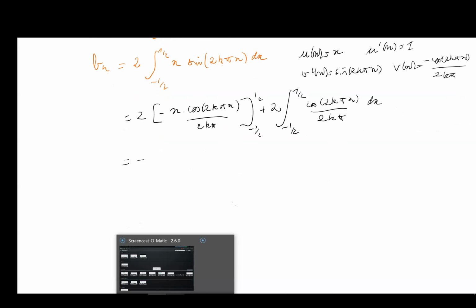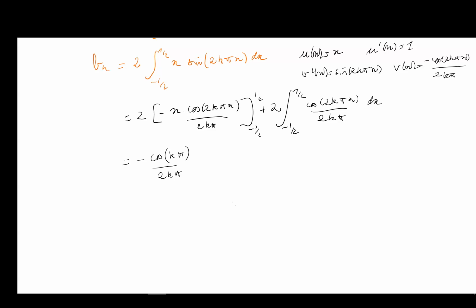Then I've got cosine of k pi, from 2 times 1 over 2, so k pi, divided by 2k pi, minus, that's making a plus, 2 times 1 times negative 1 over 2, so that's minus 1 minus cosine 2k pi x, at negative 1 over 2, the same as at 1 over 2, so I just erase that, k pi over 2k pi.